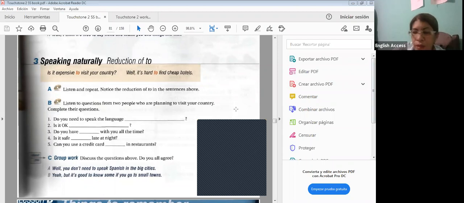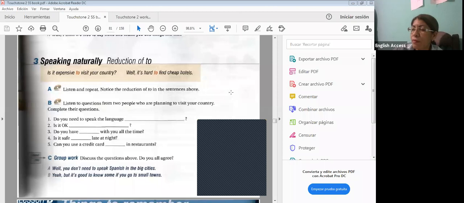Page 67. Listen. 3. Speaking naturally. Reduction of 2. B. Listen to questions from 2 people who are planning to visit your country. Complete their questions. 1. Do you need to speak the language to travel around? 2.